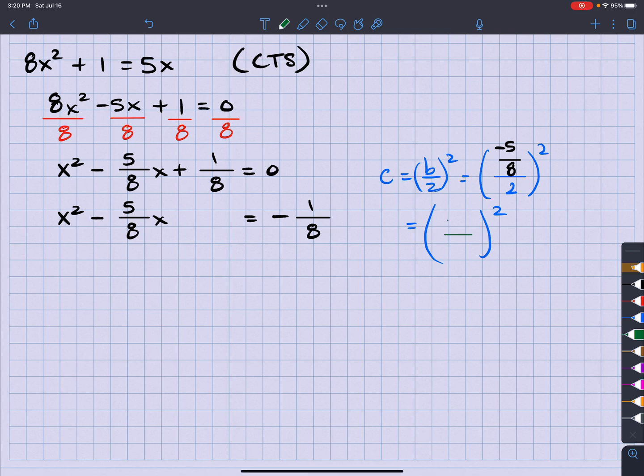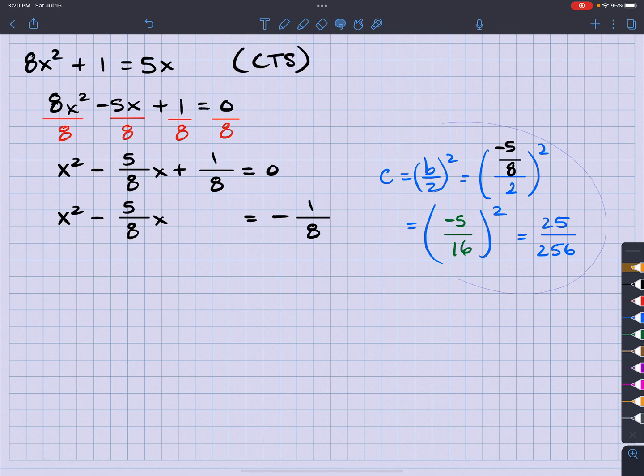It's going to be a negative 5/16 squared, which is going to equal a positive 25 over 256. Okay?